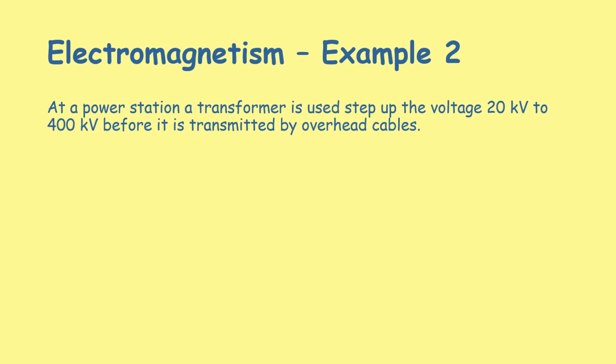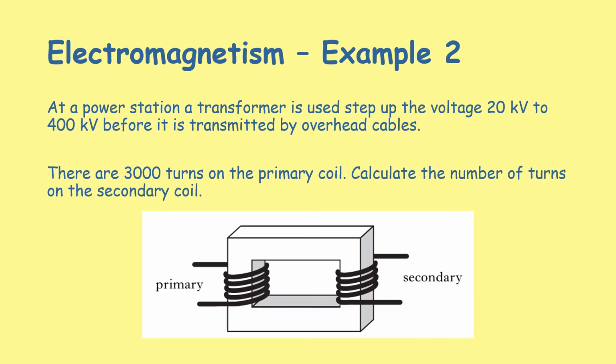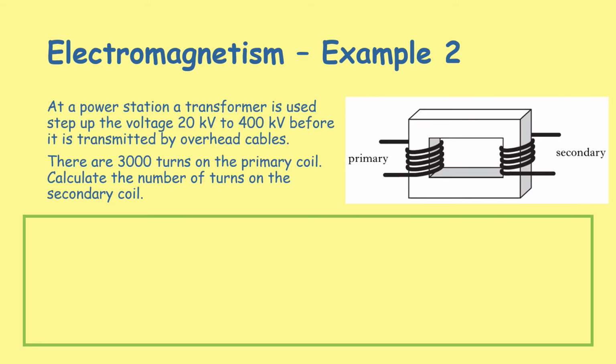At a power station, a transformer is used to step up the voltage 20 kilovolts to 400 kilovolts before it's transmitted by overhead cables. There are 3,000 turns on the primary coil. Calculate the number of turns on the secondary coil. Let's write down what numbers we have and what we want to figure out.